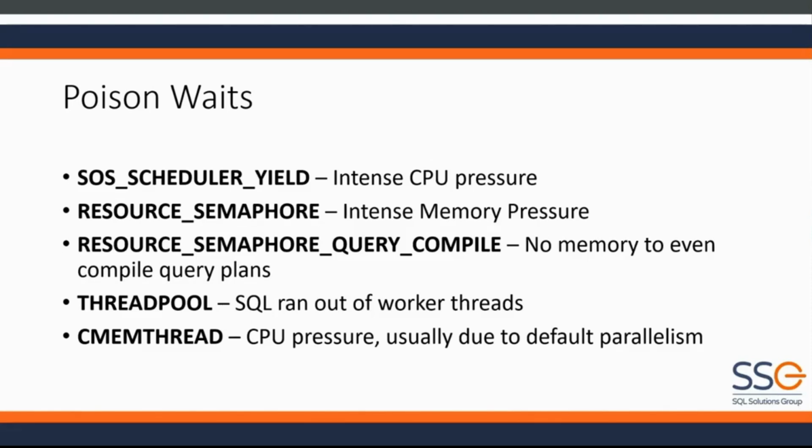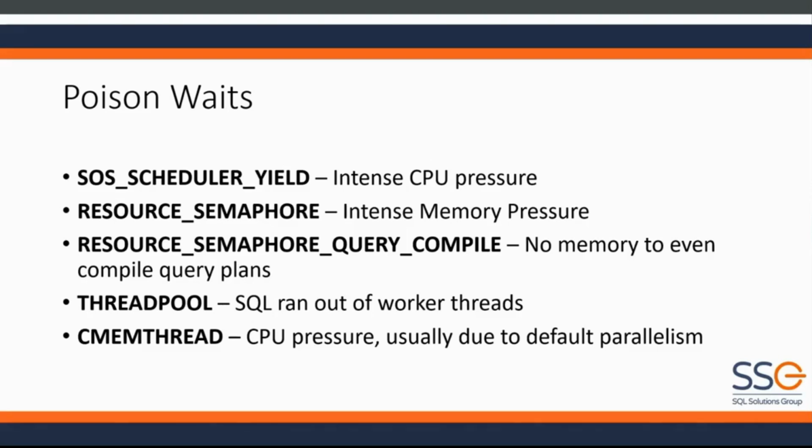Chances are you probably have a couple of thousand worker threads. So if you're seeing thread pool, you've got a lot of processes running on your server, and other queries can't get hold of a worker thread to run. So again, CPU pressure, but that's more of a number of processes running rather than large processes using a lot of CPU.